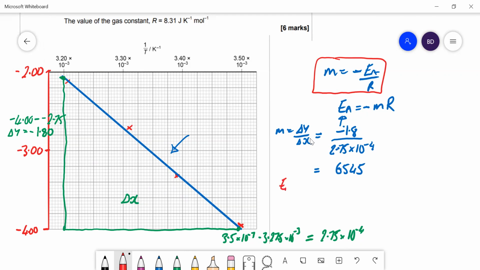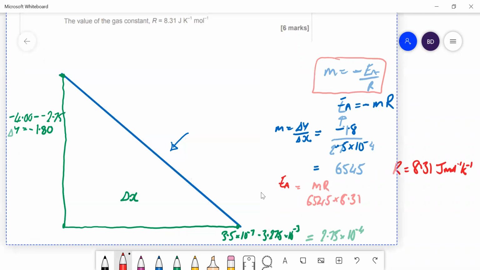So EA is equal to m times R, 6545 multiplied by 8.31. Now this is important because the units of R are 8.31 joules per mole per Kelvin. So that means our value of EA is going to be in joules.